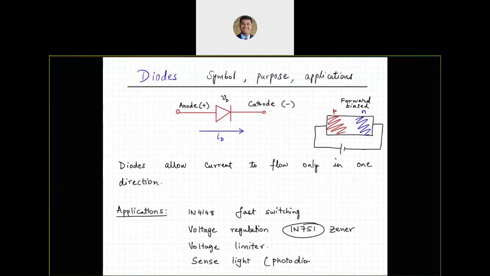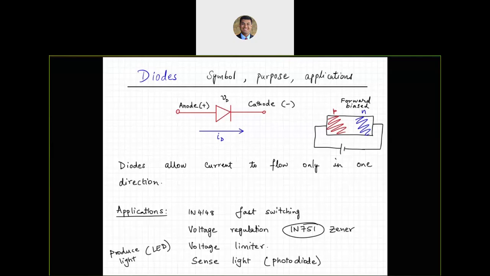In this case, we are talking about the photodiode, and also produce light, which is the LED. So if you look at all the diodes, we've been talking about 4148, which is the most common one that we are going to use. Zener diode, LED, photodiode, they have a variety of applications.